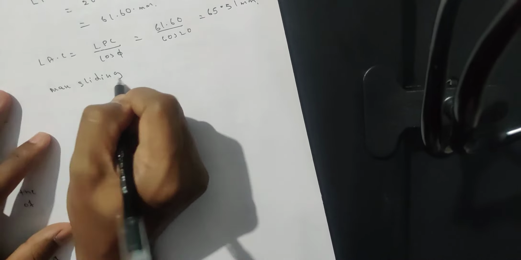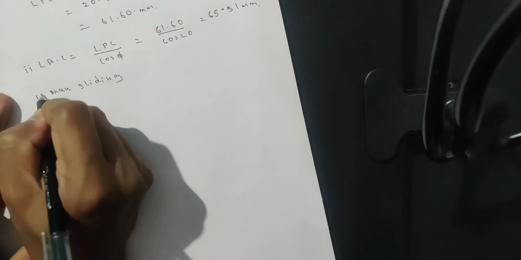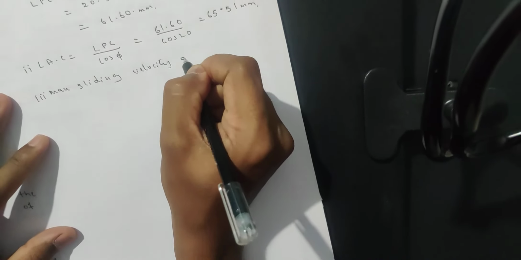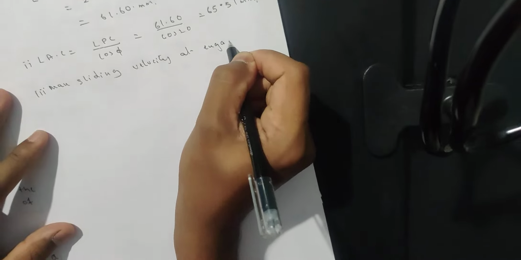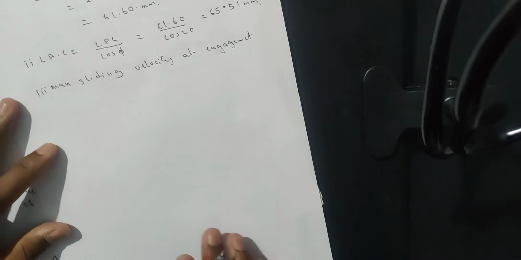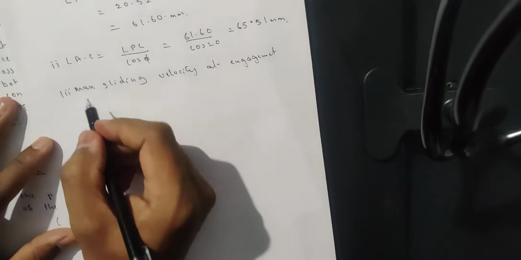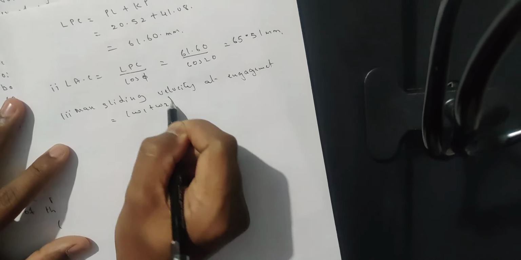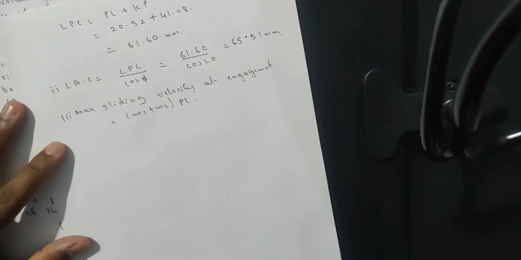This is the third part, velocity at engagement, which will be equal to, the basic formula for this is (omega 1 plus omega 2) into PL, that is path of approach. We have not yet found out omega 1 and omega 2 here, but we can find that also easily.